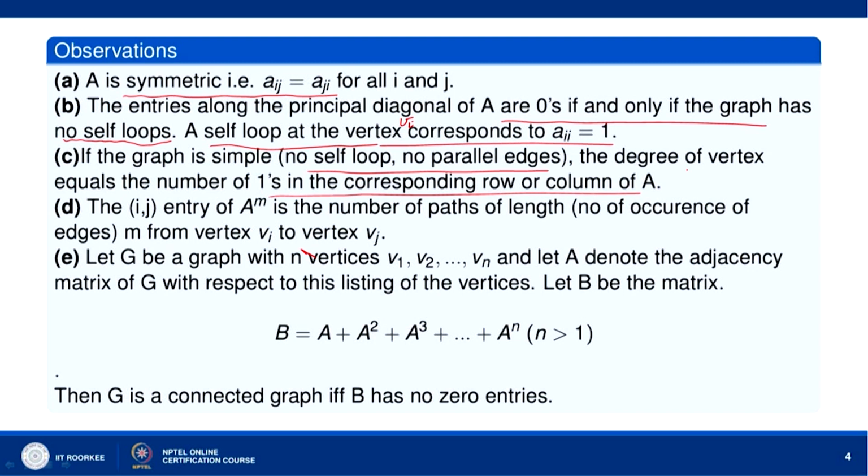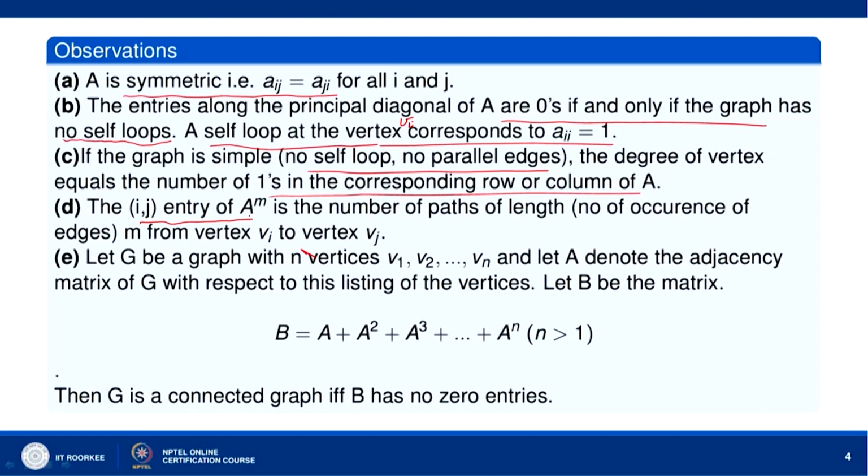Suppose that vertex is Vi, it is associated with V1, V2, and V5, then Vi1, Vi2, and Vi5 each will carry value 1. So, the number of ones in the ith row or the corresponding column will tell you the degree of that vertex.